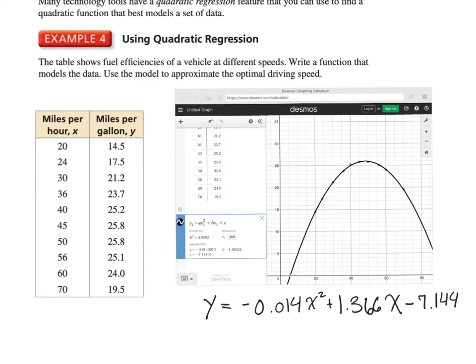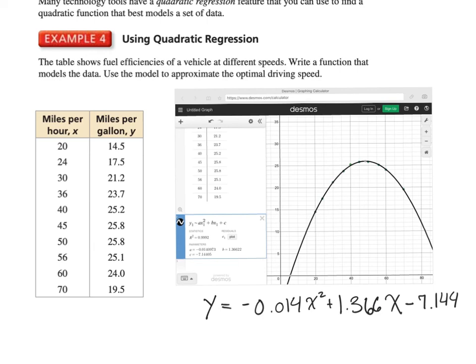So if we want to predict the fuel efficiency for 65 miles per hour, we don't have it in the table, but we can plug 65 into our x values and solve that. Now we have to be careful. Our model was created for our data set.